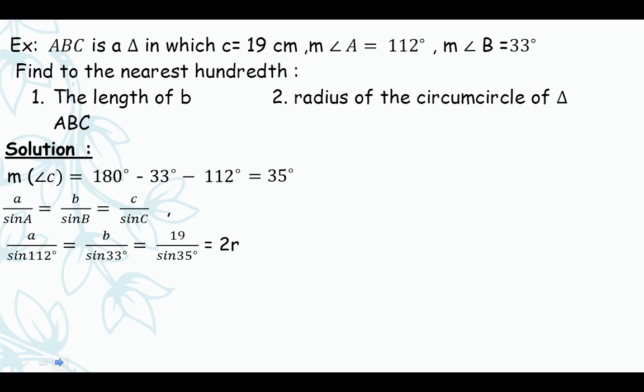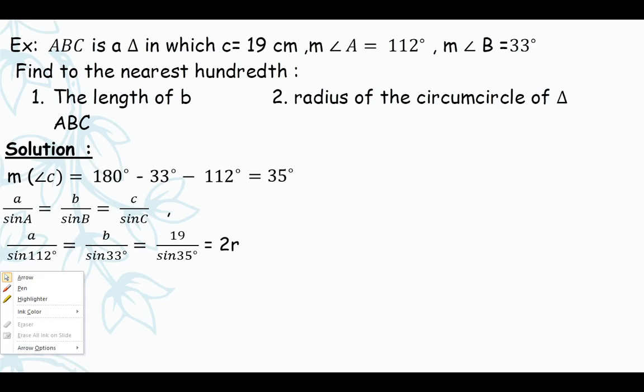Then a over sine 112, b over sine 33, equals c, 19 over sine 35 equals 2R. To get the value of a, you should use cross multiplication.